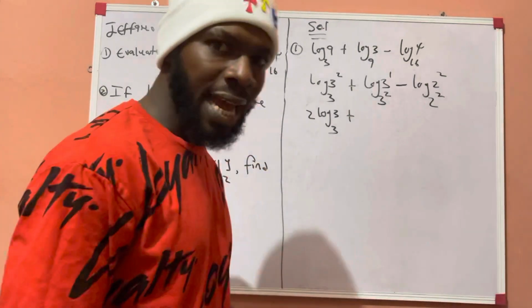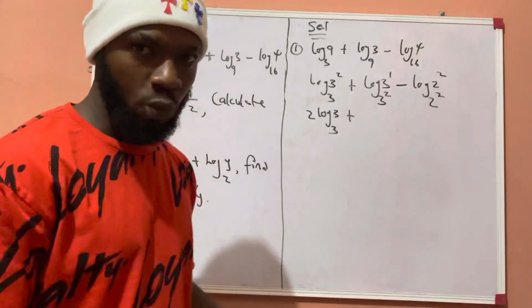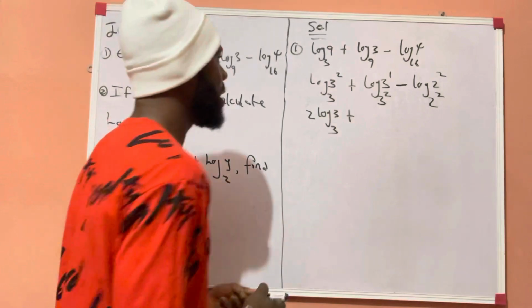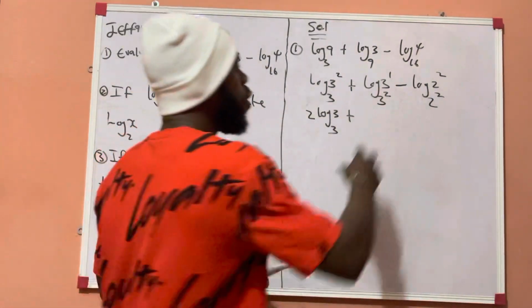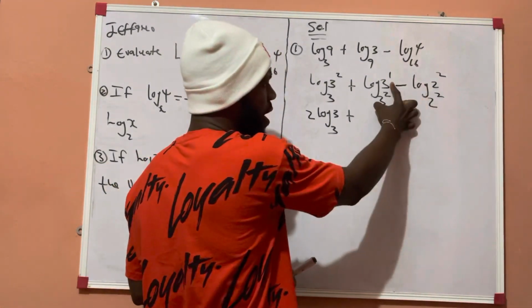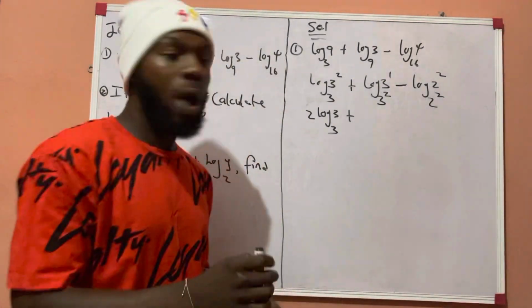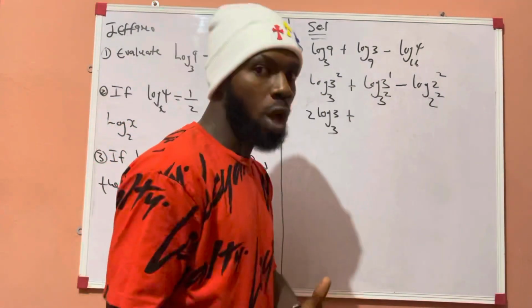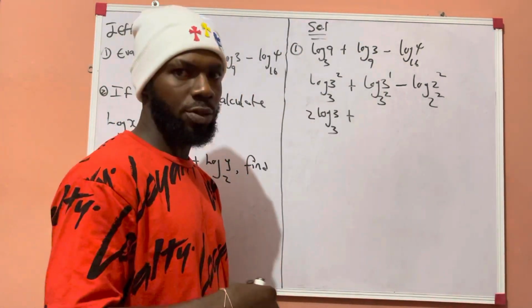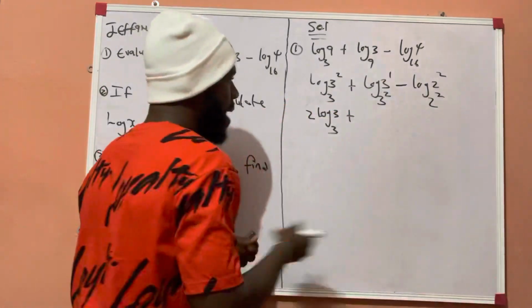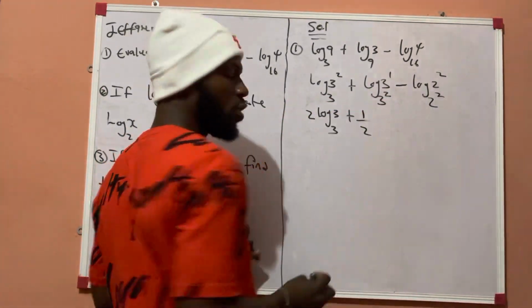When the number stands alone, the power is 1. So in the power law of logarithm, when both the number and the base carry a power, the powers go to the back and become a fraction. So if 1 and 2 go to the back, it becomes 1 over 2, which is the fraction.